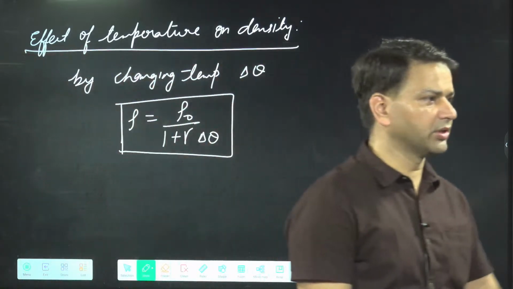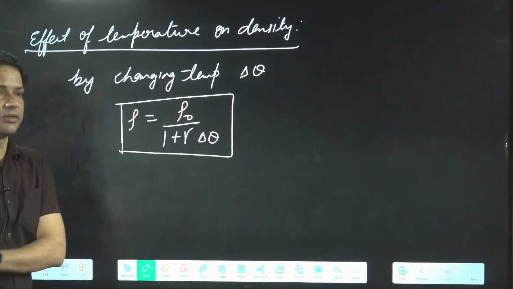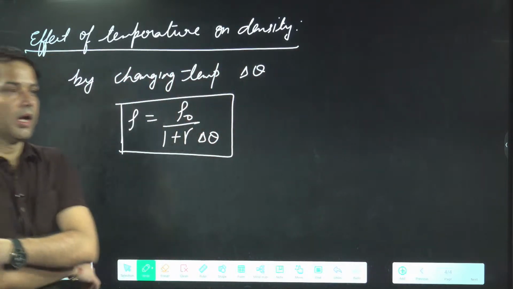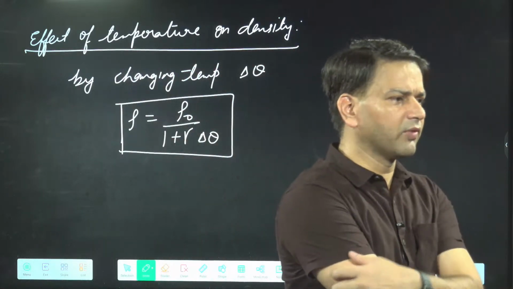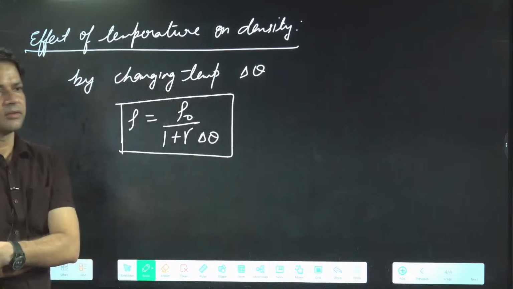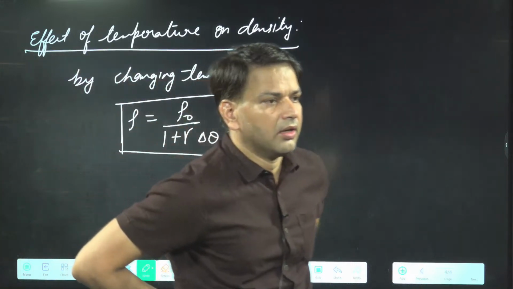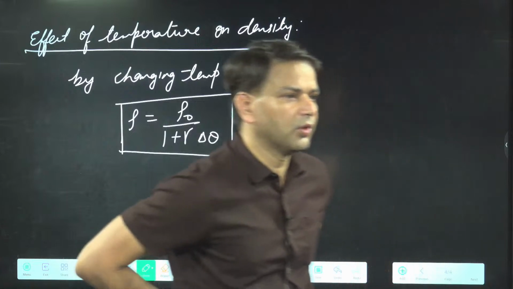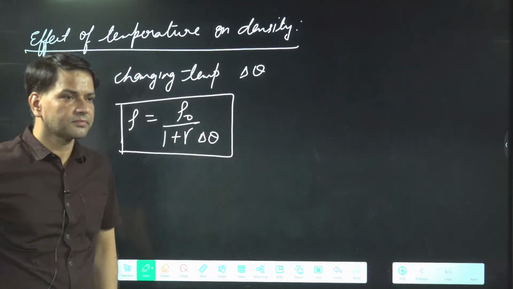If delta theta is positive, the density will decrease. If delta theta is negative, the density will increase. And I said always first we will go through this formula, then after that we will check. I think I discussed one question, what is the change in density, in solids. So the same type of problem we can do here also.